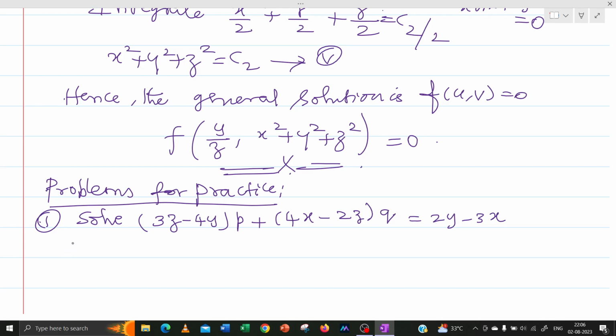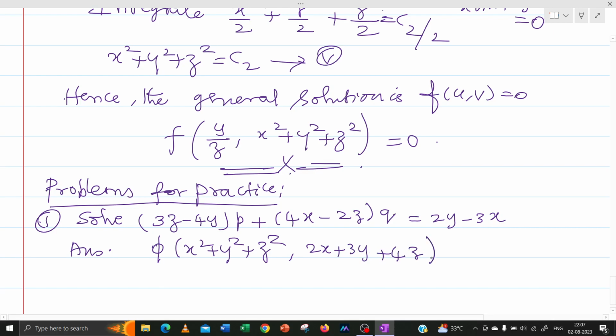The answer for this problem: phi of (x square plus y square plus z square, 2x plus 3y plus 4z) equal to 0. That is our first problem.